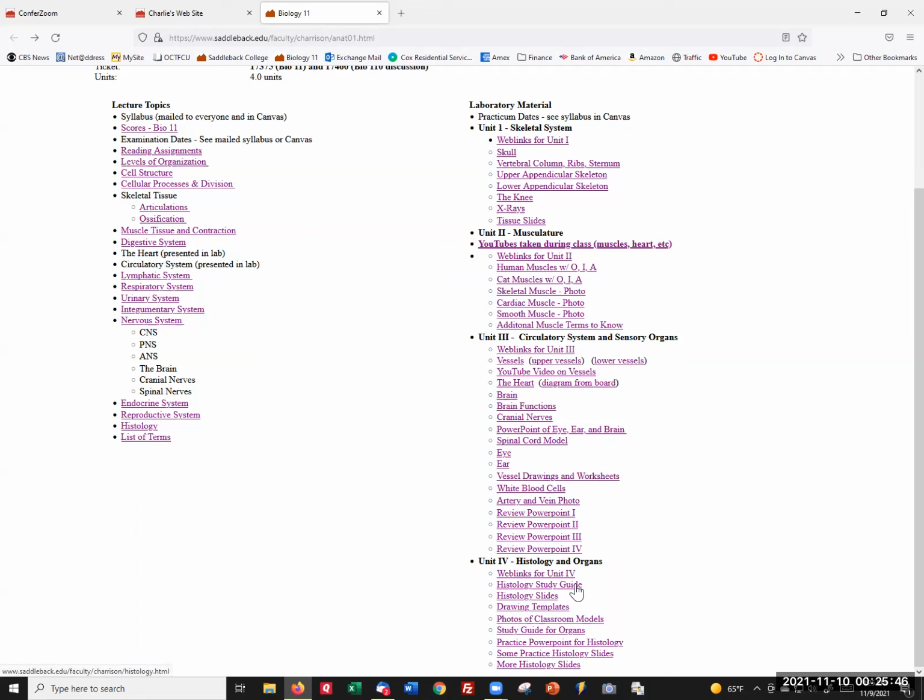I have drawing templates, if you were going to make your own drawings as if it were with a microscope. I'm not asking you to do that, but some people like it.